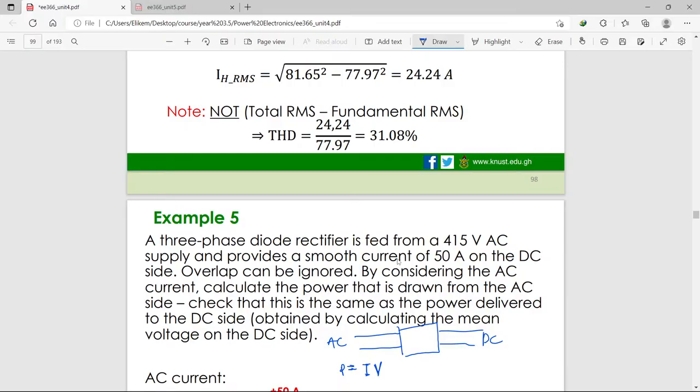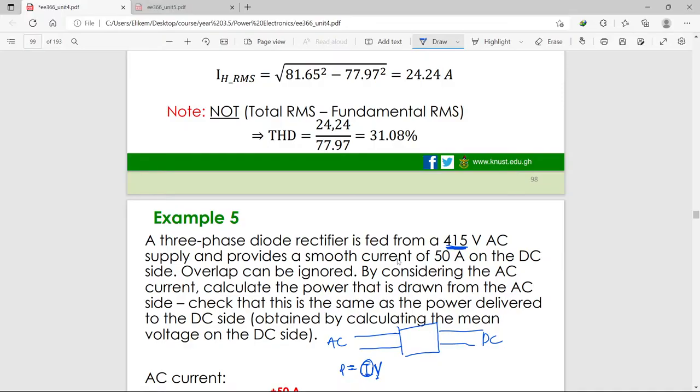This V is already in RMS, so I have that V already. So I have to find I and multiply them.